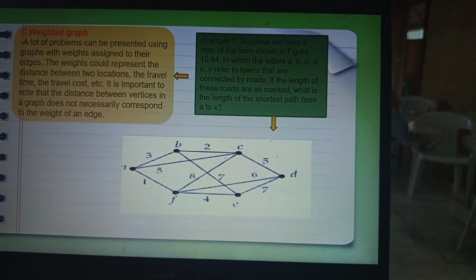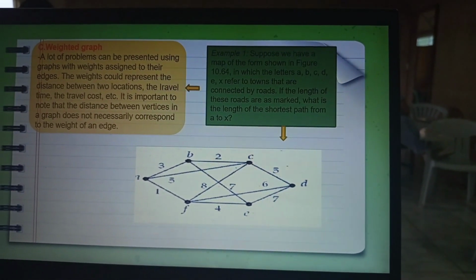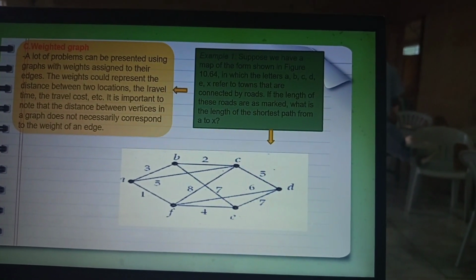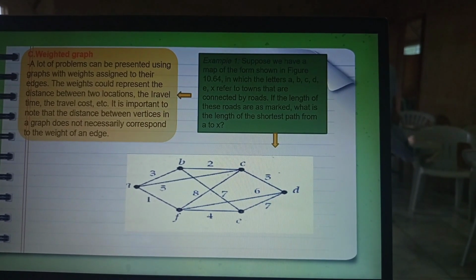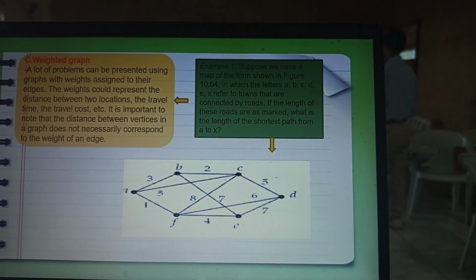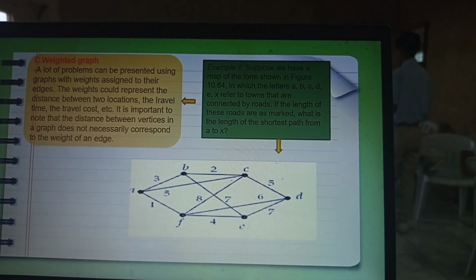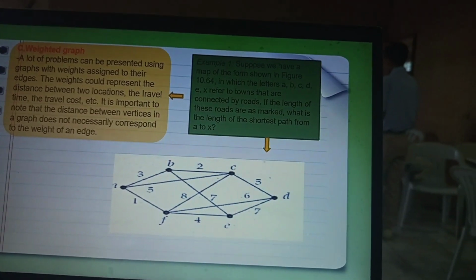Now let's discuss what a weighted graph is. A lot of problems can be presented using graphs with weights assigned to their edges. The weights could represent the distance between two locations, the travel time, the travel cost, and etc. It is important to note that the distance between vertices in a graph does not necessarily correspond to the weight of an edge. So let's have this example.